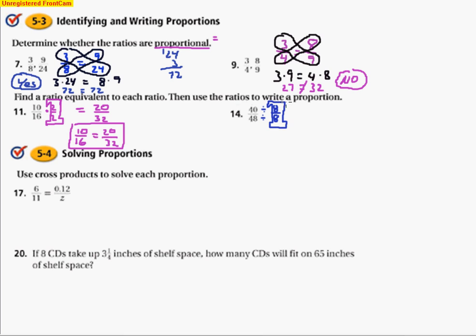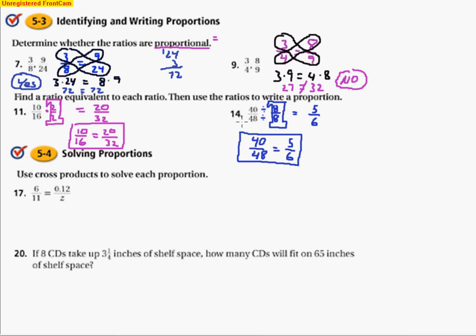Think of that as like a giant 1 there. And we're just doing a division problem. So when I do that, I end up with 5 over, and then 48 divided by 8 makes 6. So there it is. That ratio is equivalent to this one. So I can write that as a proportion by just writing 40/48 equals 5/6. And there it is. There is our proportion.